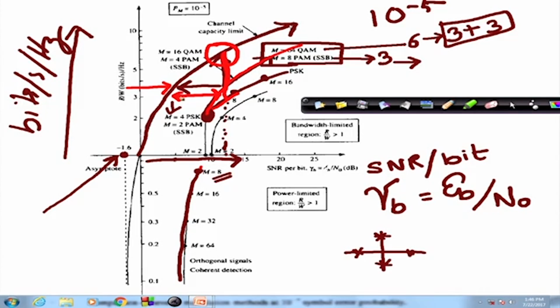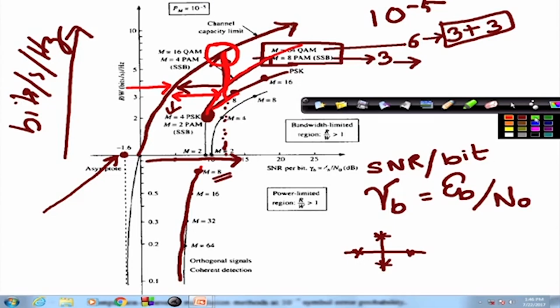And clearly, if we increase our QoS criteria, that means, if we make things more stringent, error probability instead of 10 to the power of minus 5, we make it 10 to the power of minus 10, all these curves that we have drawn here with these colors would shift and will require higher Eb/N0.